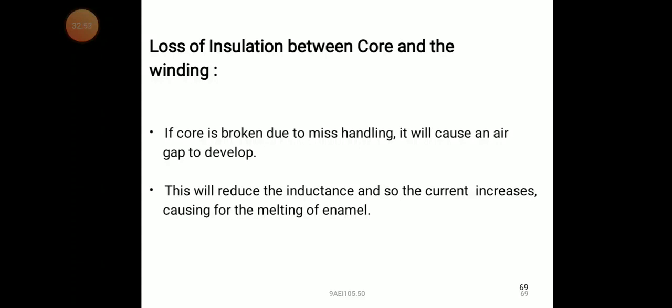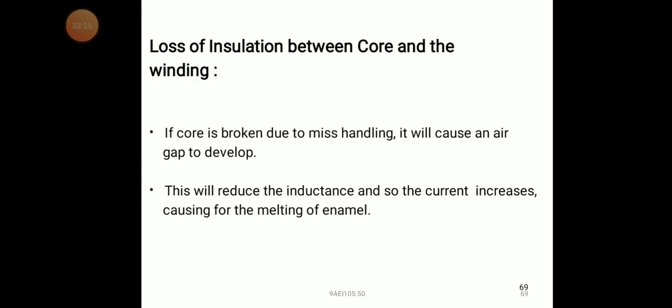If the core is broken due to mishandling, it will cause an air gap to develop. Because of our mishandling, if that core breaks, it will cause an air gap to develop.